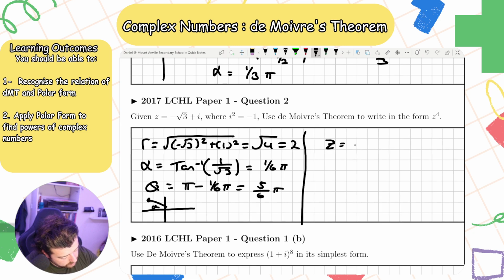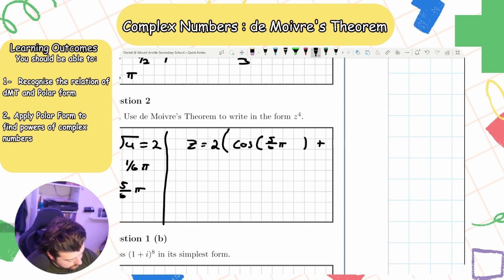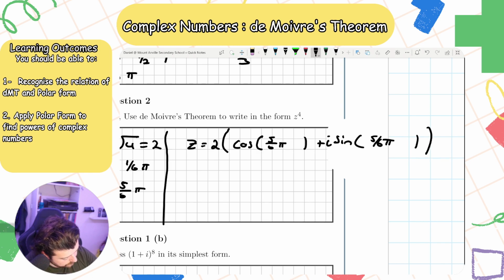This is going to be equal to 2 times cosine 5/6 pi plus i sine 5/6 pi. So to apply the Moivre theorem, we want to find z to the power of 4.